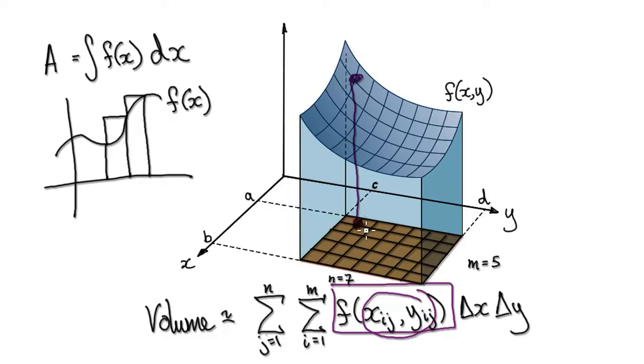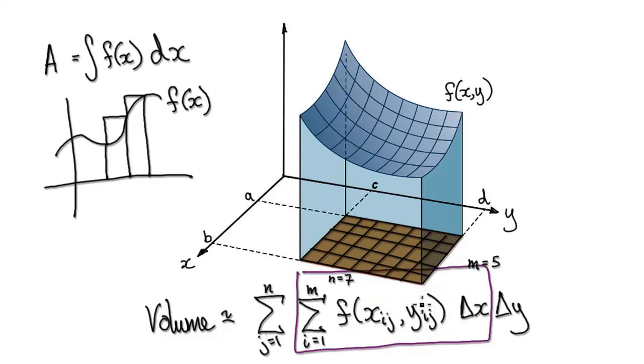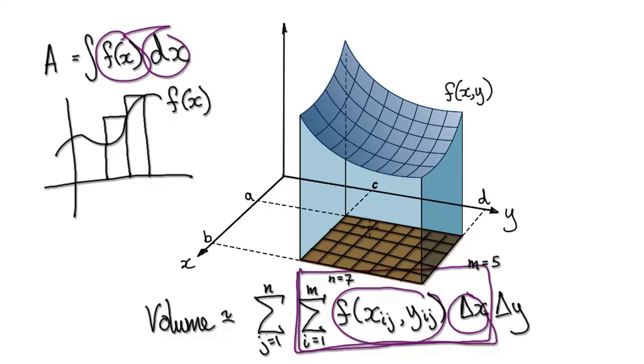It will jump to the surface. So this thing here would be the height, this line here. And when you have a height and then you merge it with this dx, just like up here, it then gives you the area.